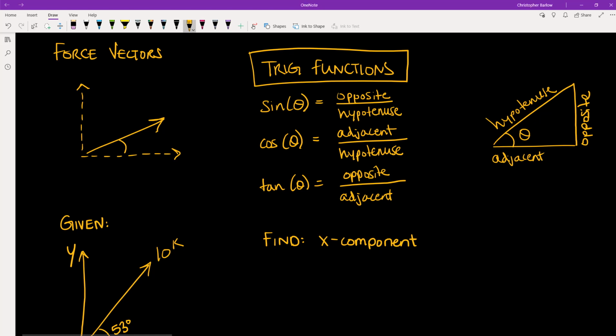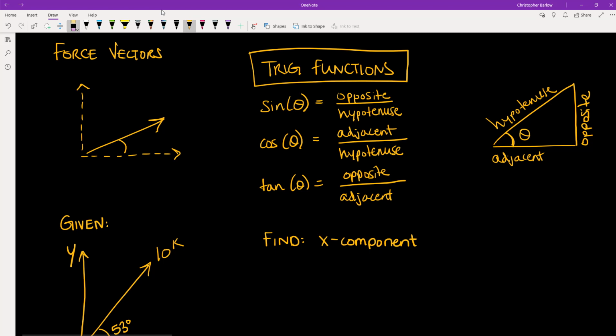So you can see here on the right, I've drawn a triangle with an angle defined theta. And the sides of the triangle are listed in relation to this given angle. We have an opposite side, an adjacent side, and lastly we have the hypotenuse of the triangle.